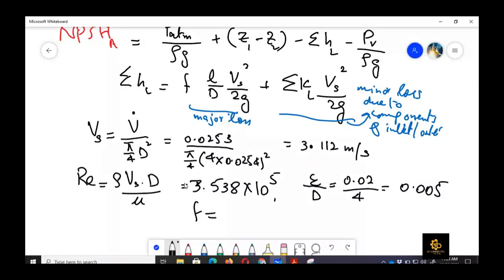So the value of f becomes equal to 0.0306. Right.